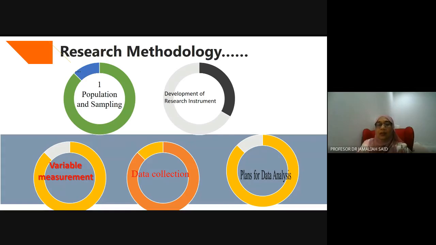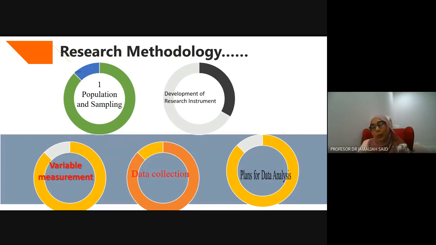Okay. Then I know this is actually a research proposal, but you must know how to do data analysis, your plan for data analysis. If you are doing qualitative, I hope at this point you know what software can be used to analyze interview data.